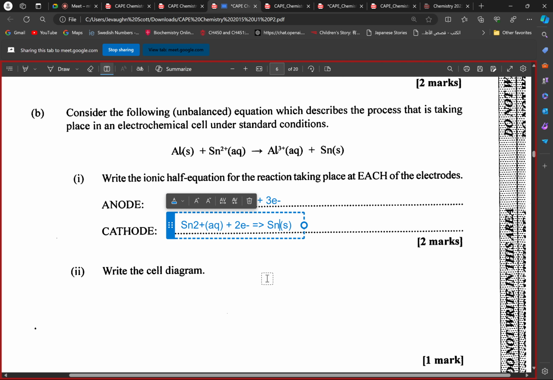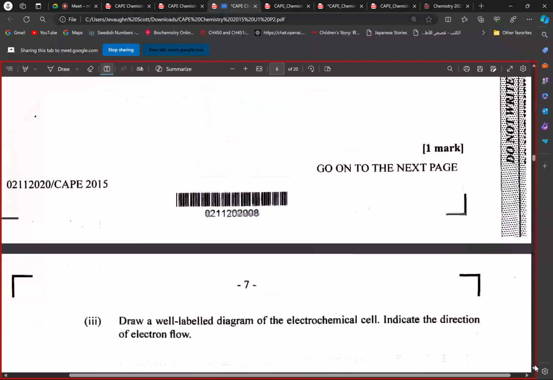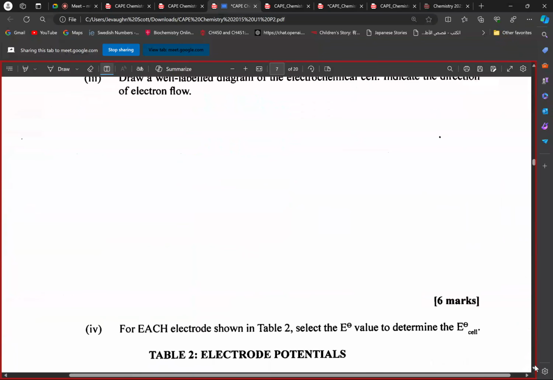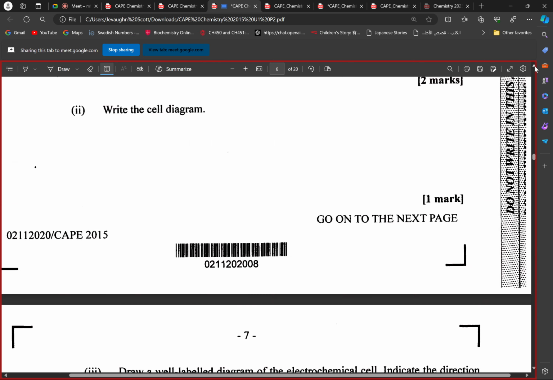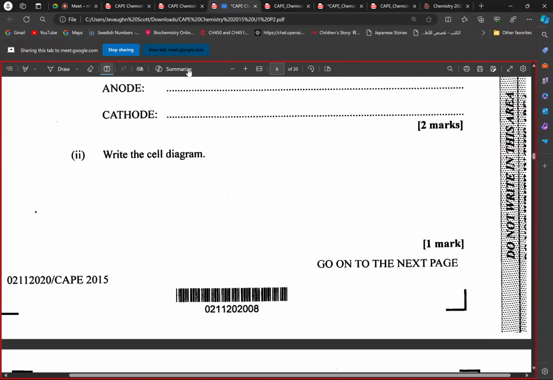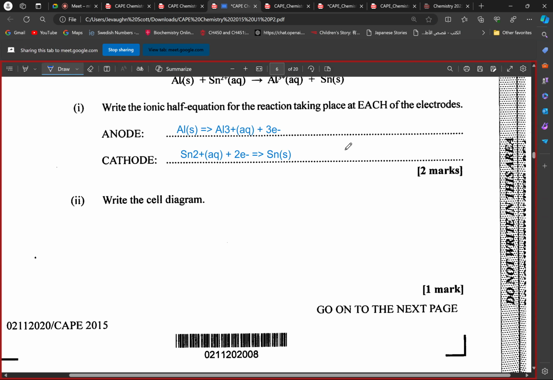All right, write the cell diagram. What is the cell diagram? Remember anode before cathode. A, B, C, right?